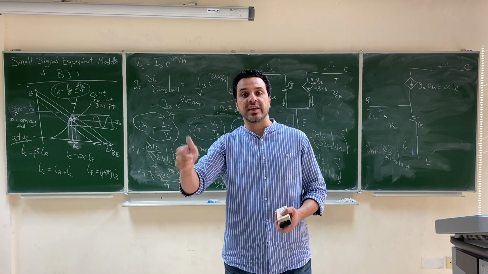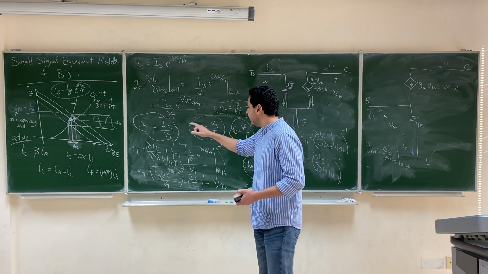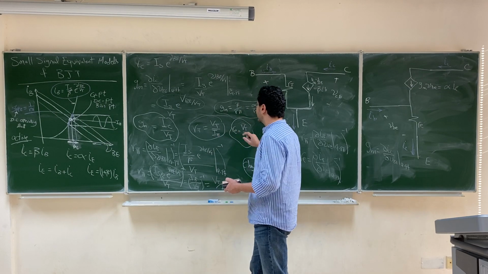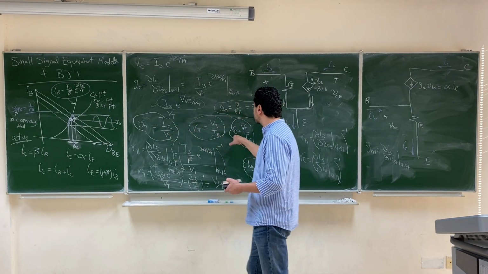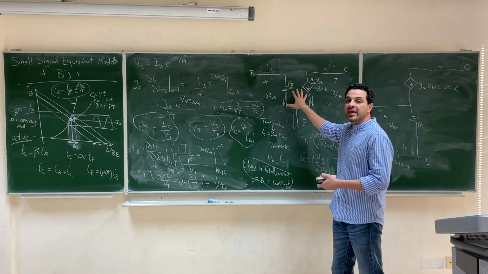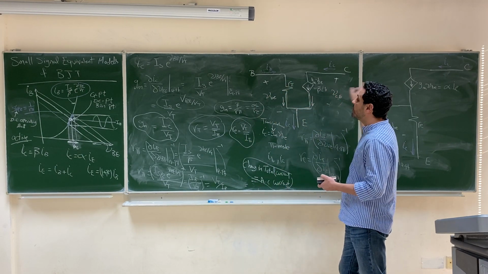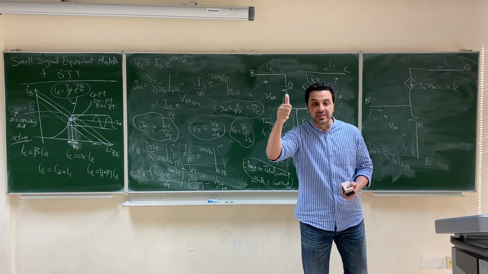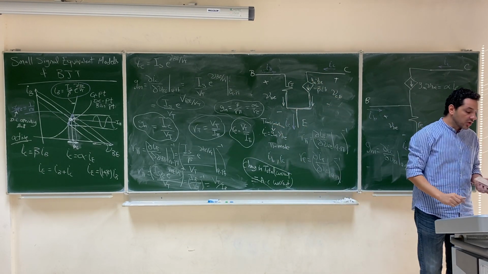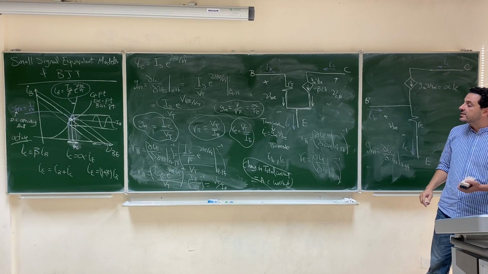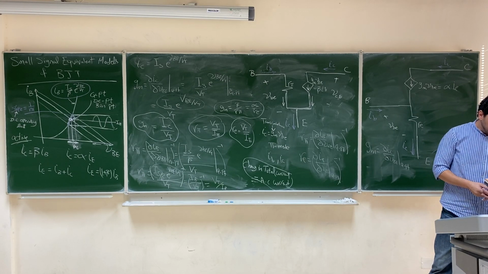You have to solve the DC analysis first, calculate the DC values of the currents, and then use them to calculate the parameters that you are going to use in the AC model. Okay? So first step will be to solve the DC analysis, then you solve the AC model.